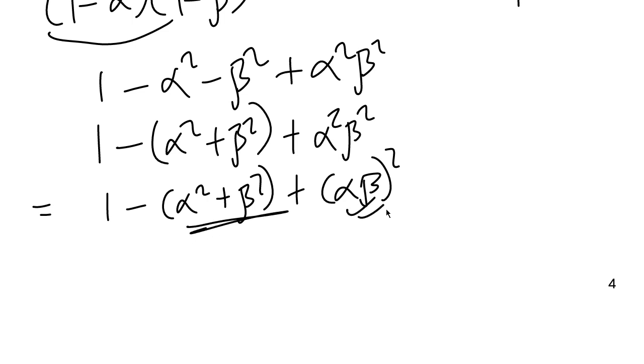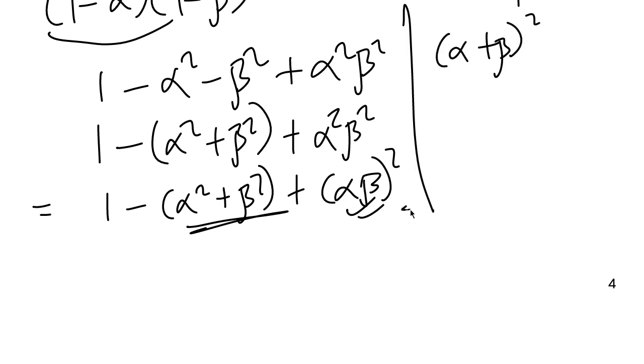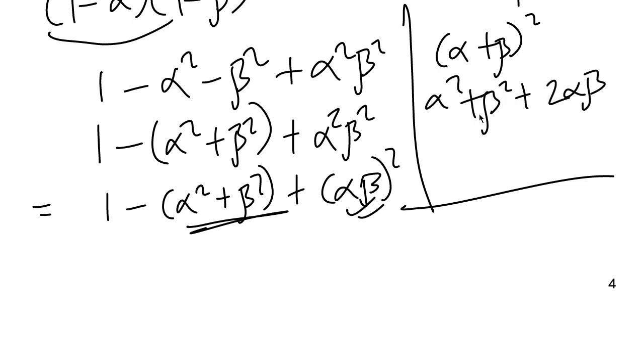So how do we tackle this? Because we have already, alpha beta is here, but how do we get alpha squared plus beta squared? If you watched my first video, if you are given this, all you simply do is to square alpha plus beta all squared. In part 1, we got alpha squared plus beta squared plus 2 alpha beta, and then we made alpha squared plus beta squared the subject of the formula.